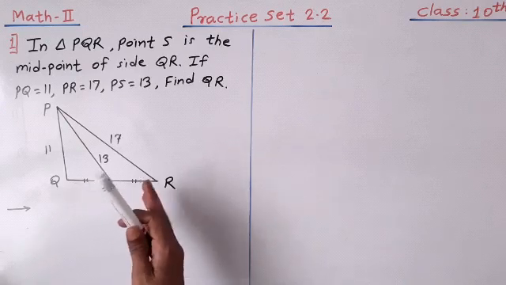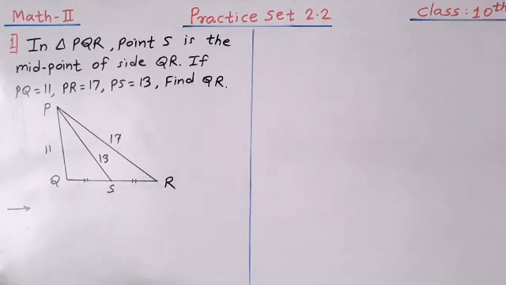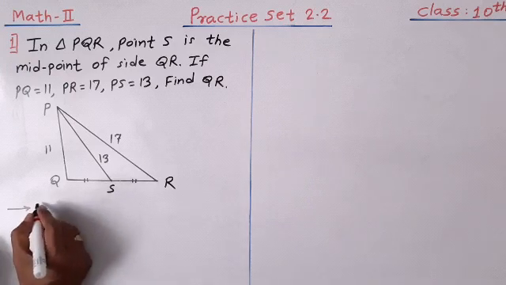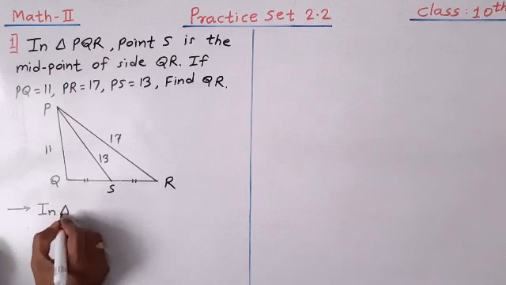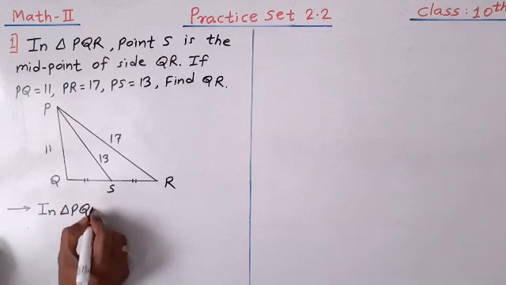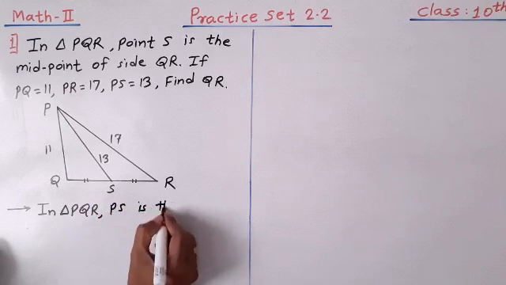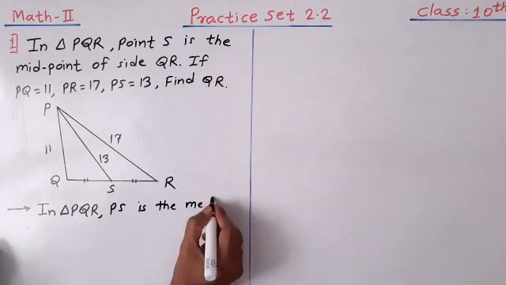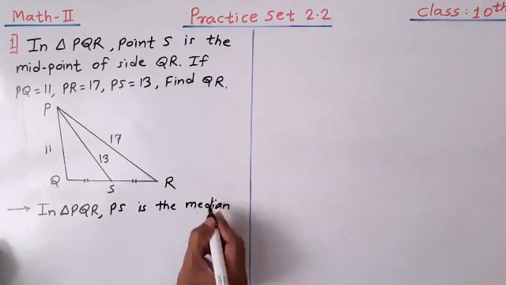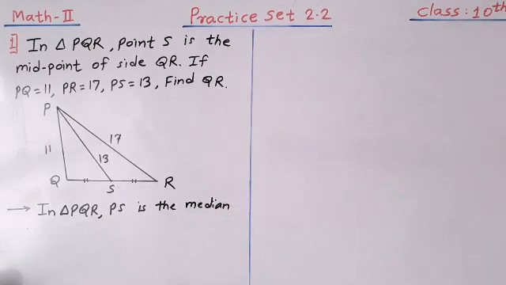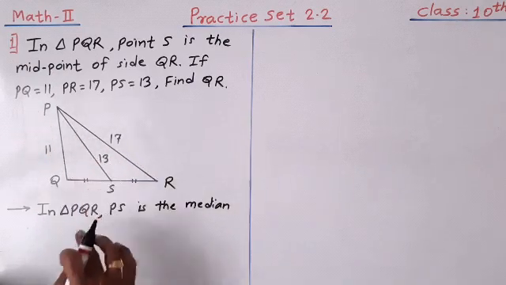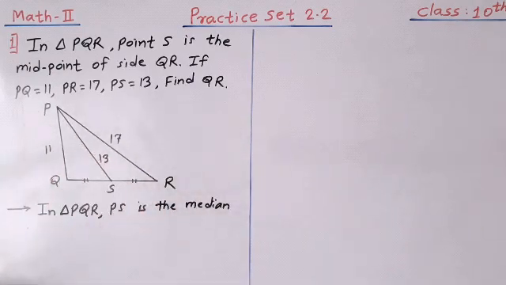While applying Apollonius theorem, you have to write the baseline for that. What is the baseline? In triangle PQR, PS is the median. This is the baseline. Whenever you apply the Apollonius theorem, state which segment is the median of which triangle.